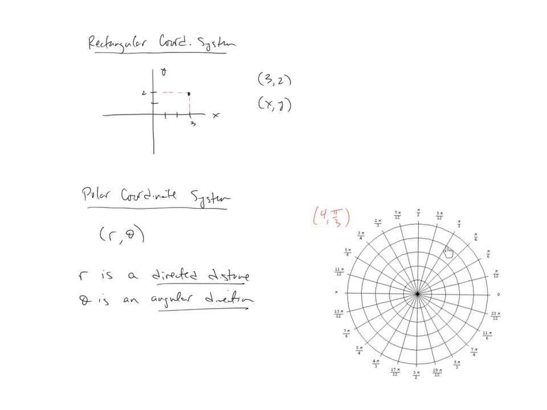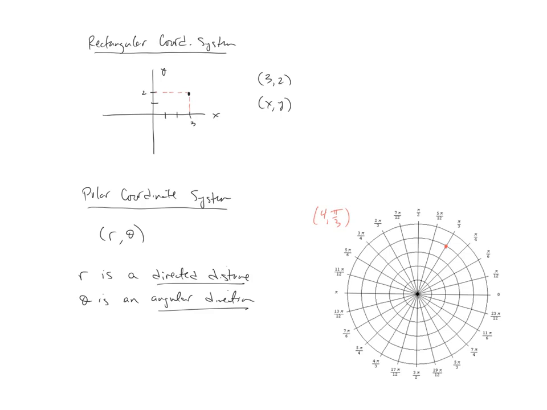So this is the point (4, pi over 3), right there. So instead of x's and y's being over and up or over and down, polar coordinates will be out and around. Move out a distance of r and around a distance of theta.